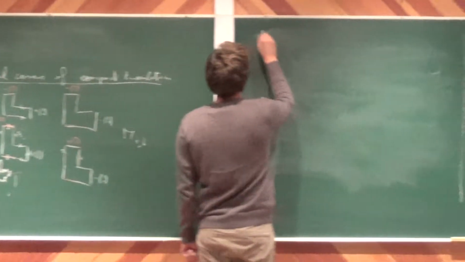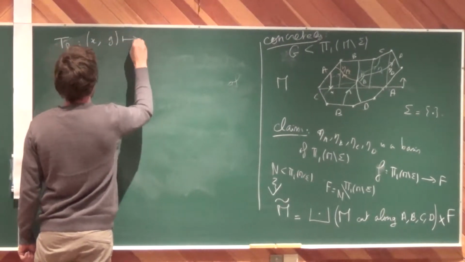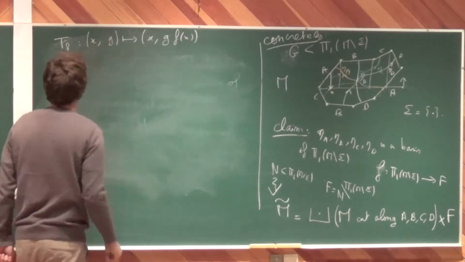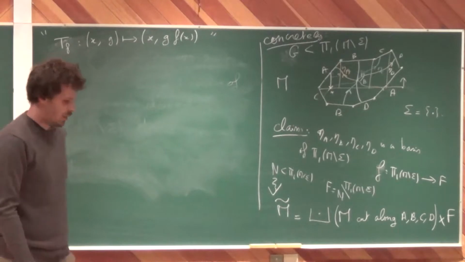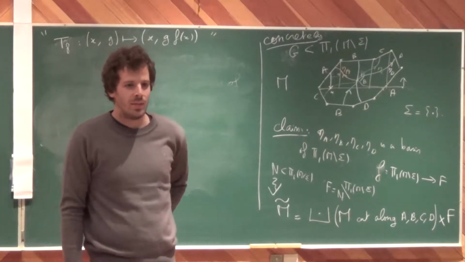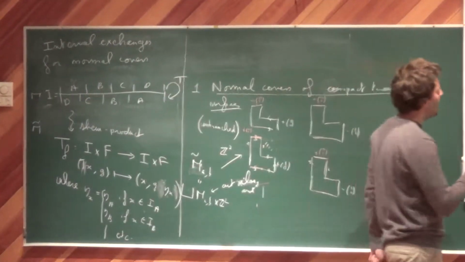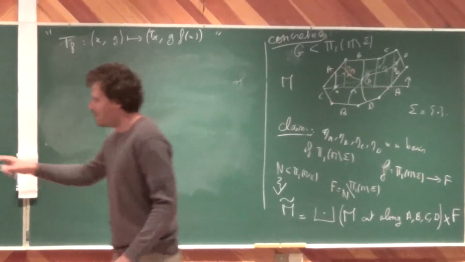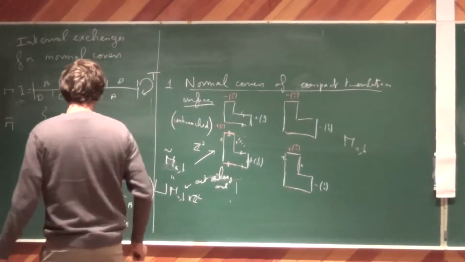Generally, I want to write it that way: you have a map (x, g), which maps to (Tx, g of something which depends on x). Do you also want a T in this? Definitely yes. Thank you. If there is no T, it's not really the first return time of the flow. So yes, I want this map to be the first return time of the flow on the infinite surface. So I need a T here.